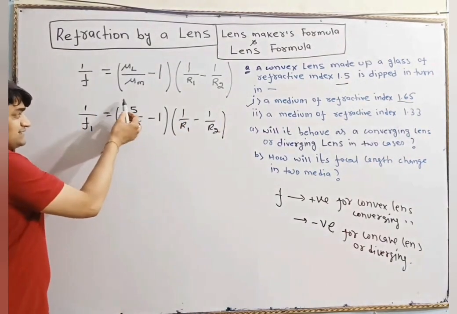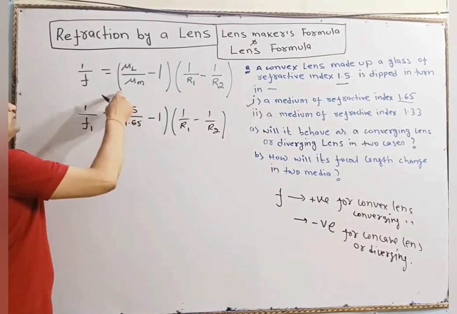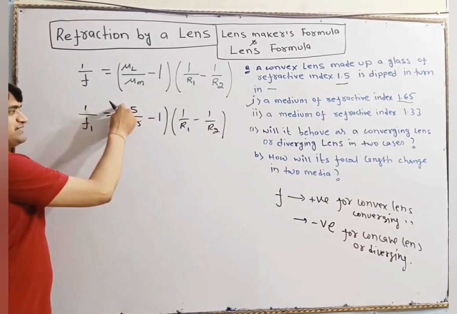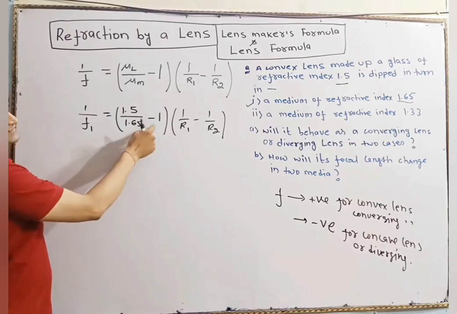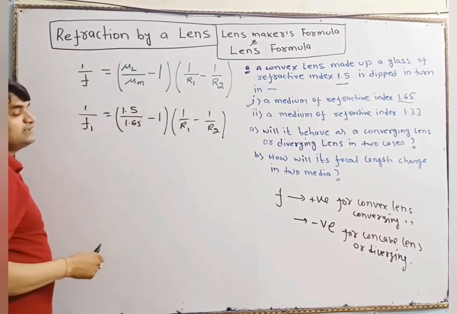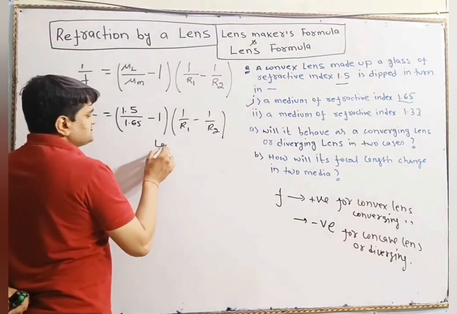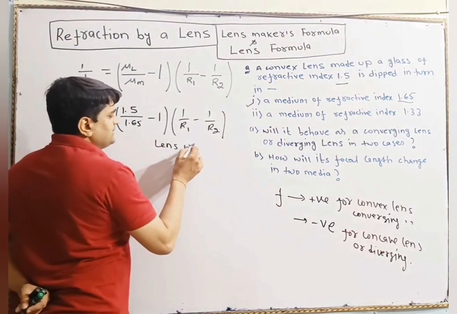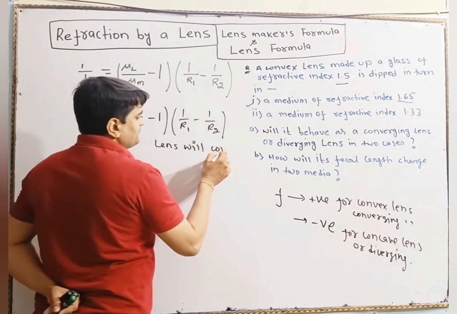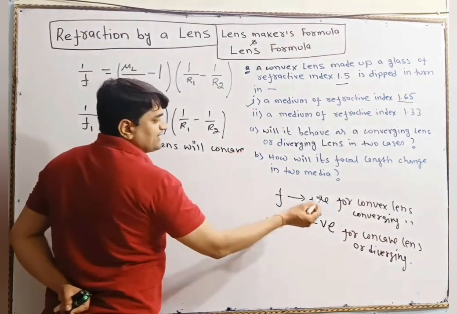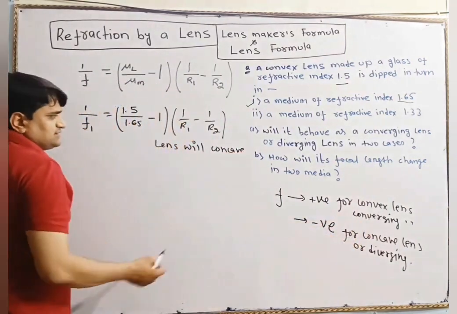See here, this ratio is less than 1 because 1.5 is less than 1.65. So this term will be negative. So in this case the lens will be concave, which means a diverging lens.